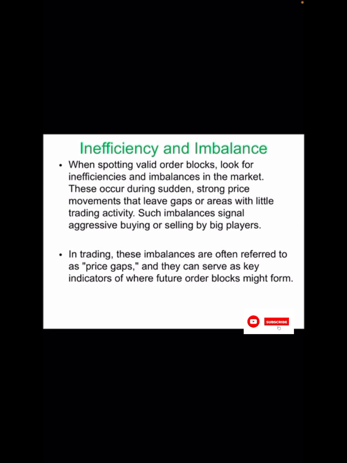Such imbalances signal aggressive buying or selling by big players, because the market is always tending toward where there is liquidity. Liquidity is actually where you see those rejection candles. It will take from that area to what? To fill up the gaps or the inefficiencies. In trading, these imbalances are often referred to as price gaps, and they can serve as indicators of where future order blocks may form.